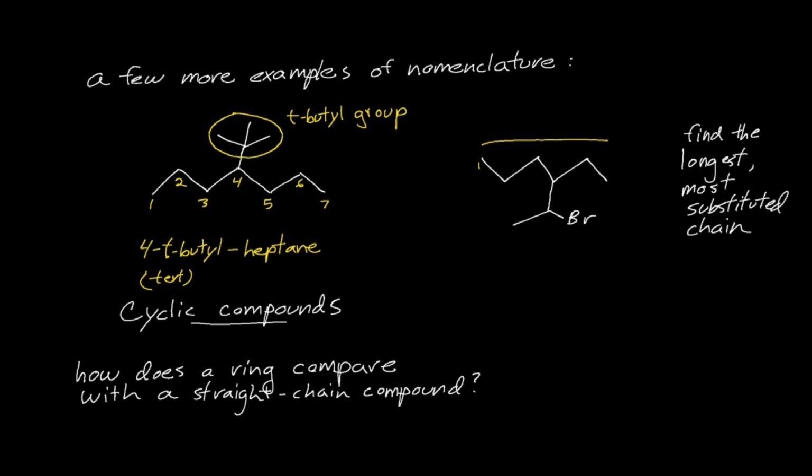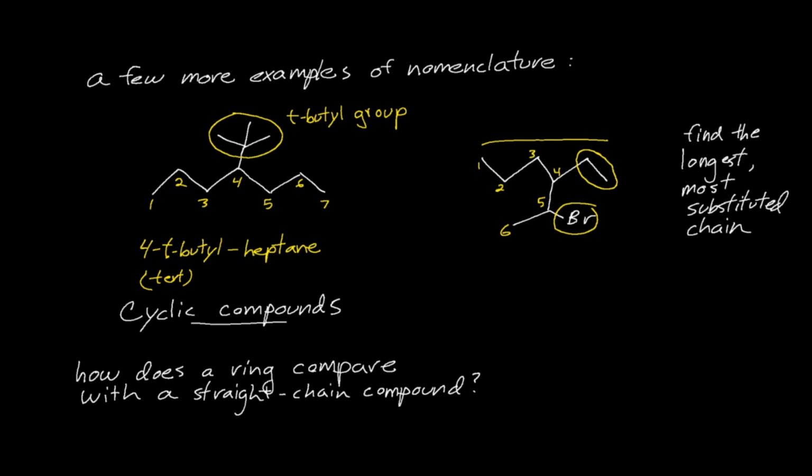However, if you go along, so you can see 4, 5, 6, this 6 carbon chain is preferred because it has 2 substituents. So it's the longest, most substituted chain. Aside from the fact that we would have a very hard time coming up with a name for this as a substituent, as it's shown, because it doesn't fit into any of the ones we've seen before.